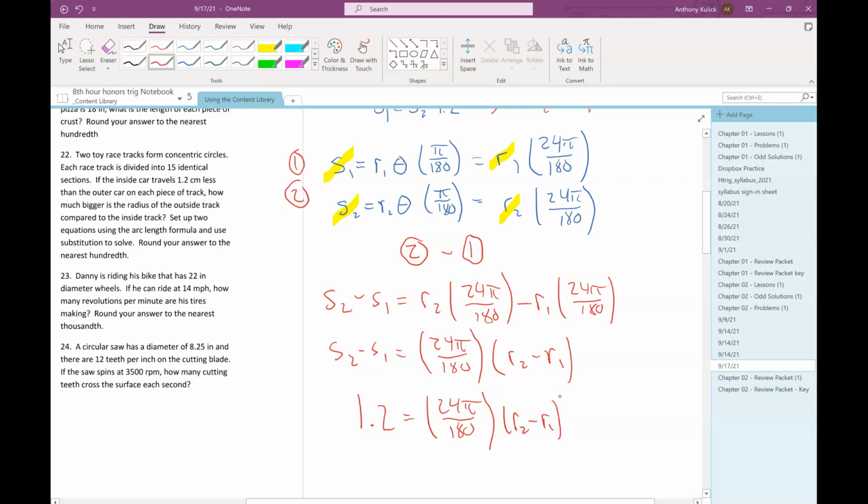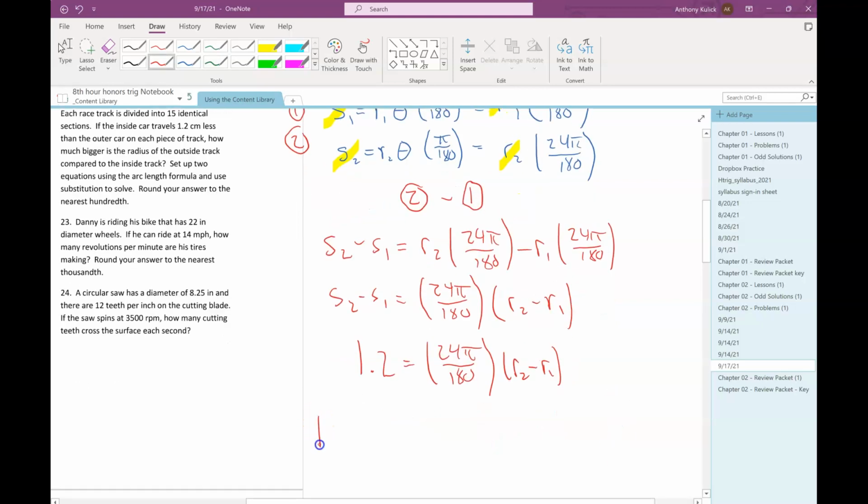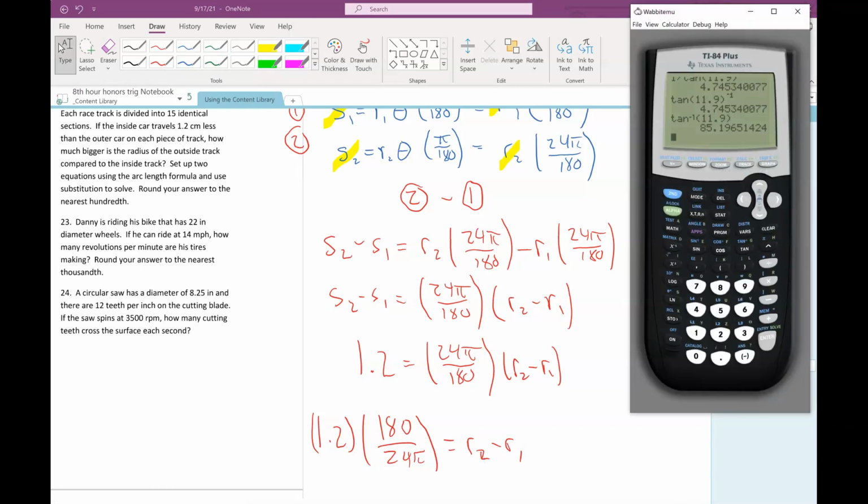So now I'm just going to multiply both sides by 180 over 24 pi, and there's my answer. I have to be a little bit careful when I'm doing this.